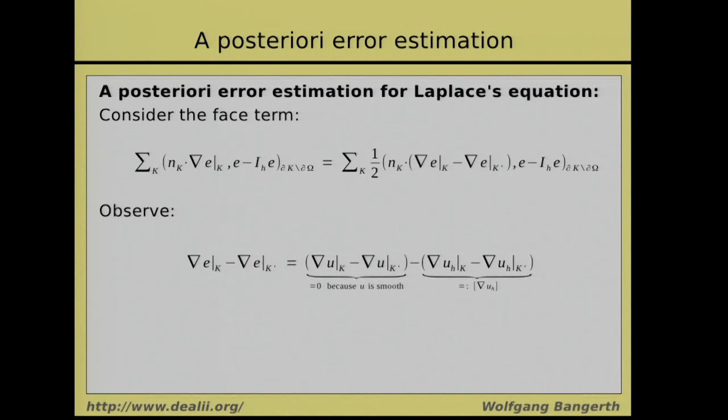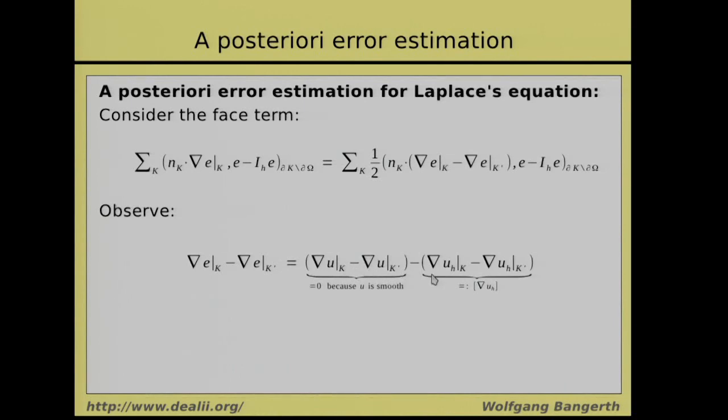Then I know that u is twice differentiable, and if it is twice differentiable, then at one location, at the interface between two cells, the gradient of the solution from the left and the gradient of the solution from the right at that interface is going to be the same for the exact continuous solution. So the difference between these is 0.